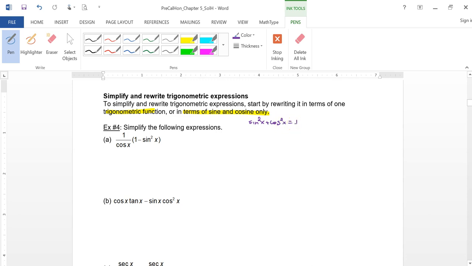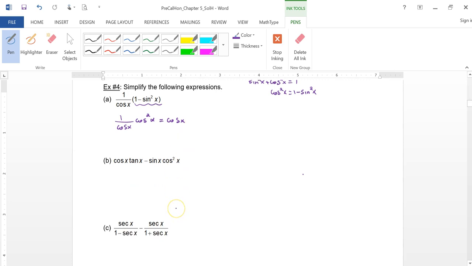If you just rearrange that, cosine squared x is 1 minus sine squared x. So now, this is just cosine squared x. So I have 1 over cosine x, cosine squared x, and that's just cosine x. So that's just a baby one.